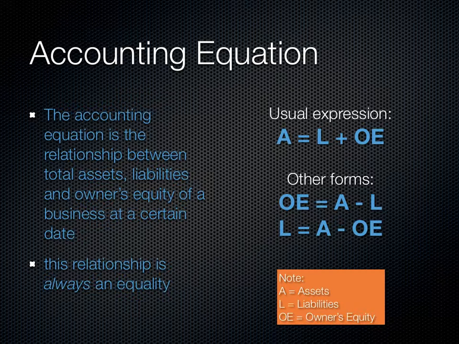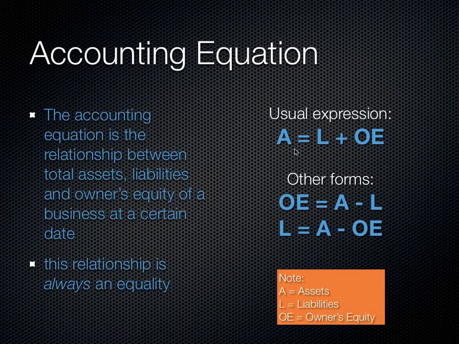The usual expression of the accounting equation is that all of the assets, and we know from last lesson that assets are items of value that the business owns, all of their assets totaled together equals the total value of all of our liabilities plus the value of the owner's equity in the business. So liabilities plus owner's equity combined will always equal total assets, always.